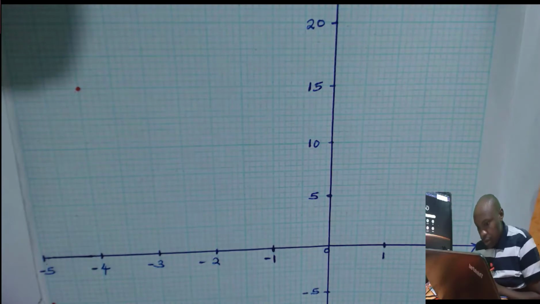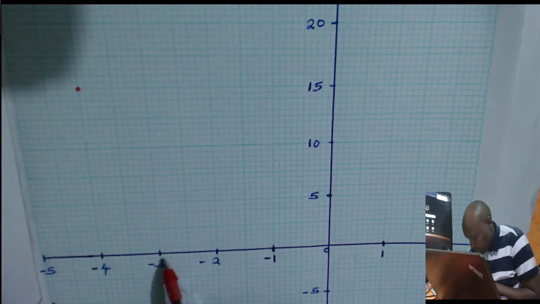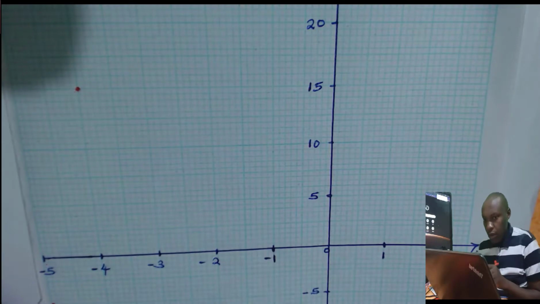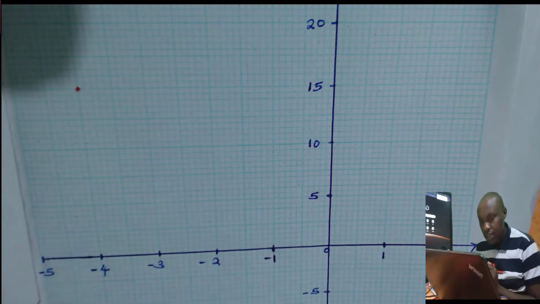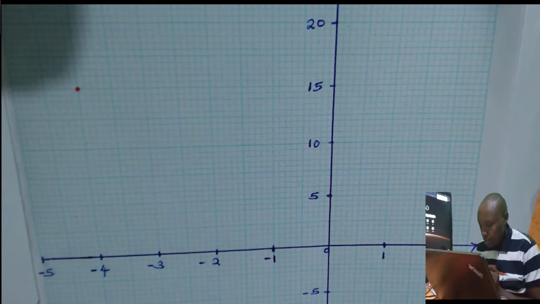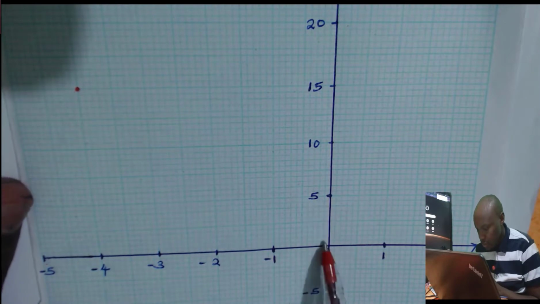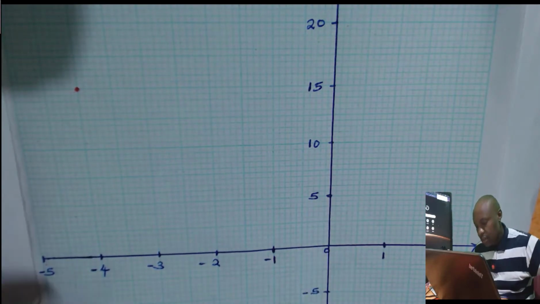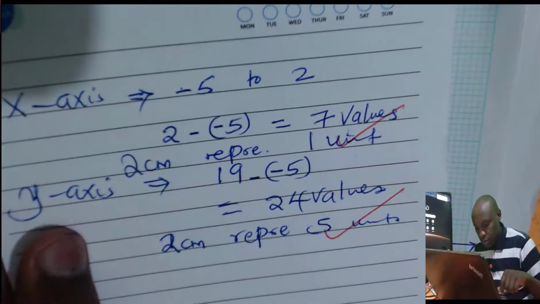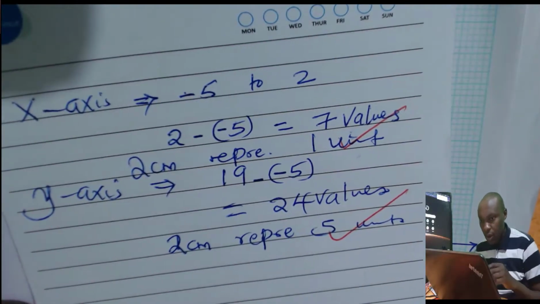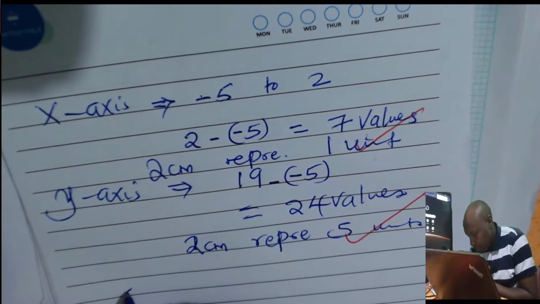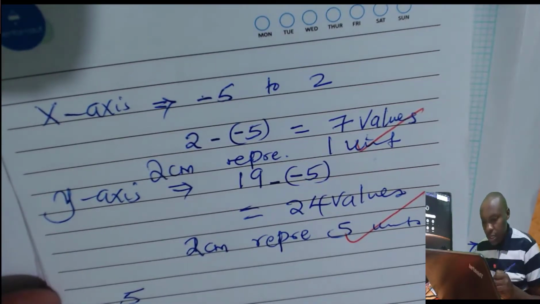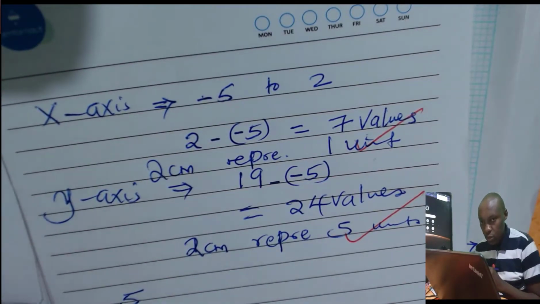Then the other one is negative 3, 19. Before I forget, you need to understand the size of one small square. Like in my case for the y-axis, you can see in between these two squares I have 10 small squares. So to know what one small square represents, I'll take 5, which is represented by 2 squares.